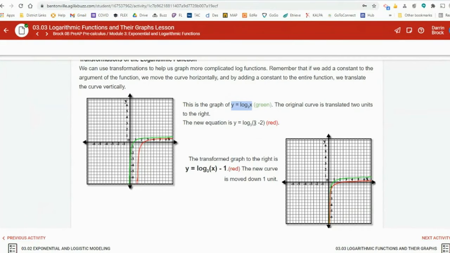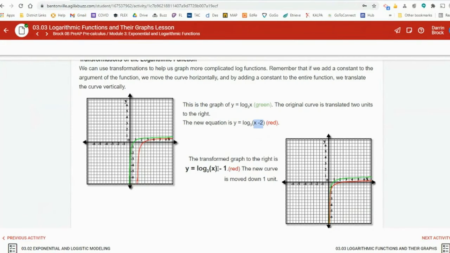This works very much like any other transformations of graphs. If we take the x and we subtract 2 from it, it's in parentheses, so it's bound with the x there. That moves it 2 to the right, just like other transformations. When we have a quadratic equation, for example, and we have that -2 in the parentheses, what it does is it moves it 2 to the right. So we see the same thing with logarithms.